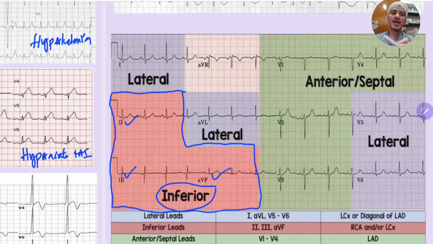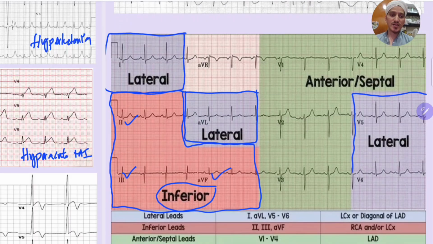Opposite to inferior leads are the anterolateral leads. First we'll see lateral leads. We will divide into 3: one is inferior leads, one is lateral leads, and one is anteroseptal leads. So lateral leads are here one, and one here, and 2 here.